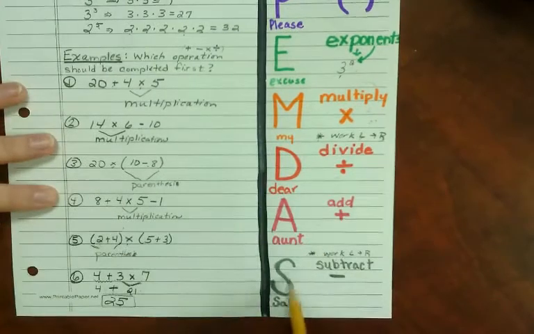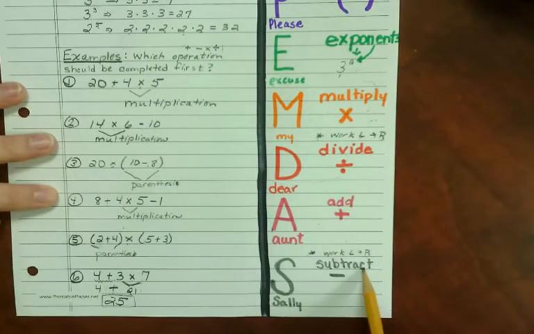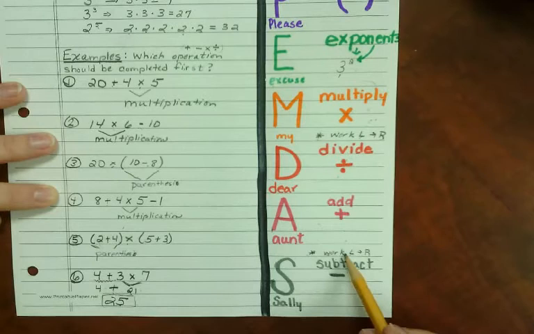Same thing with adding and subtracting. If you have both in a problem, you work the one on the left first, then work your way on towards the right. This is where I'm waiting. I'm hoping you're thinking this in your head.